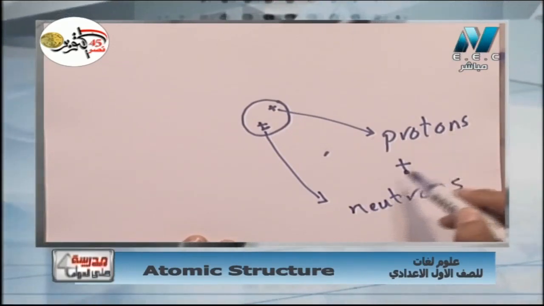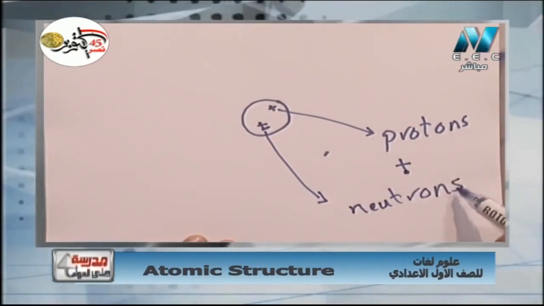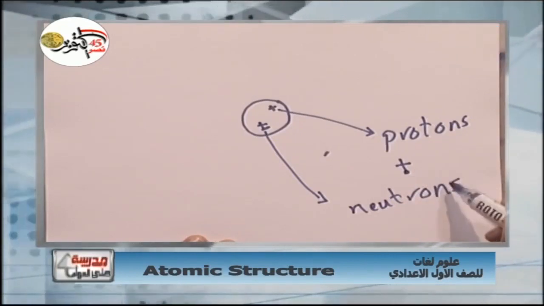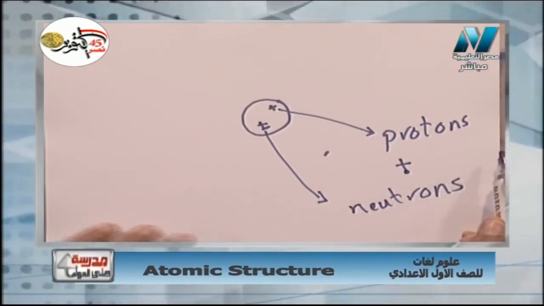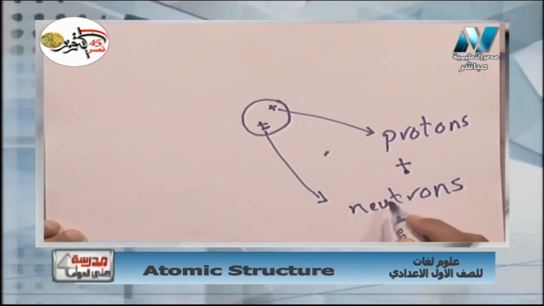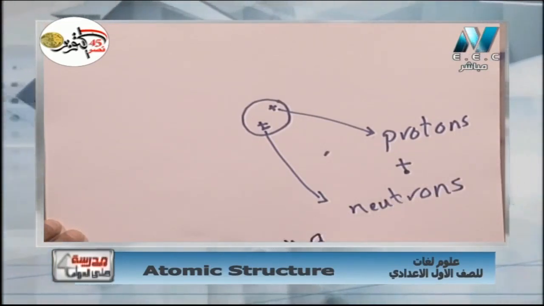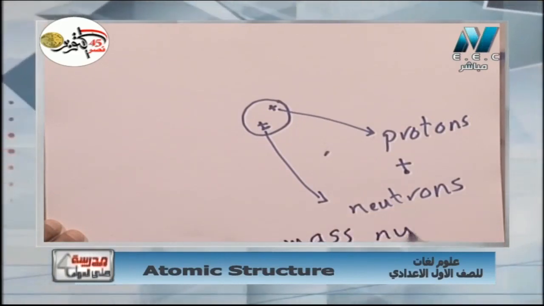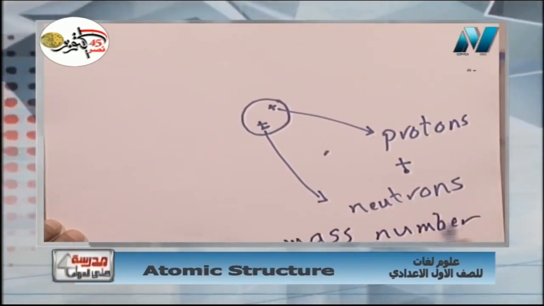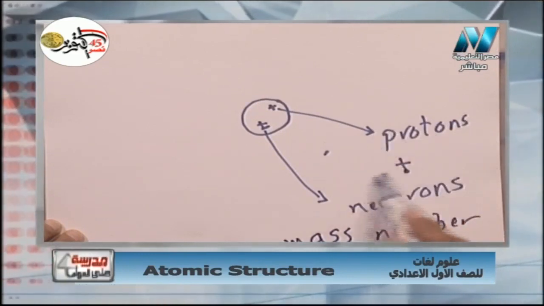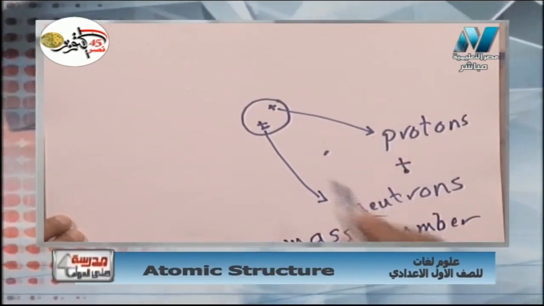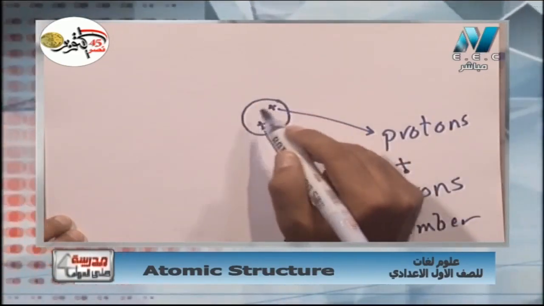They give the atom its mass, so the number that gives the atom its mass is called the mass number. What's meant by mass number? It is the number of protons plus the number of neutrons. This is called the nucleus.